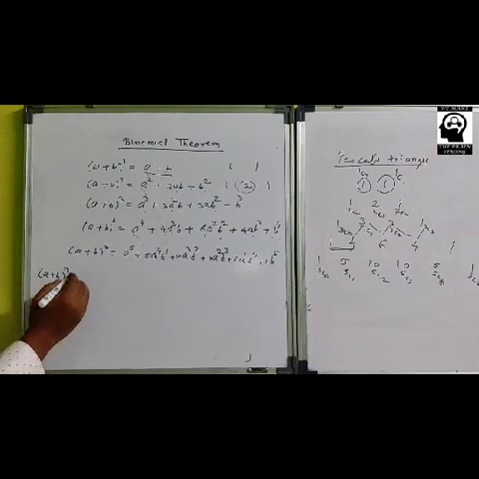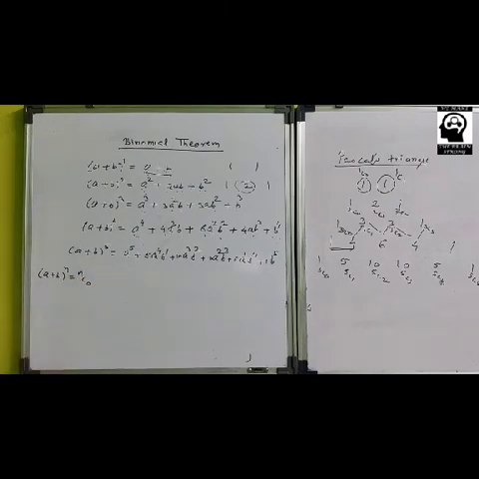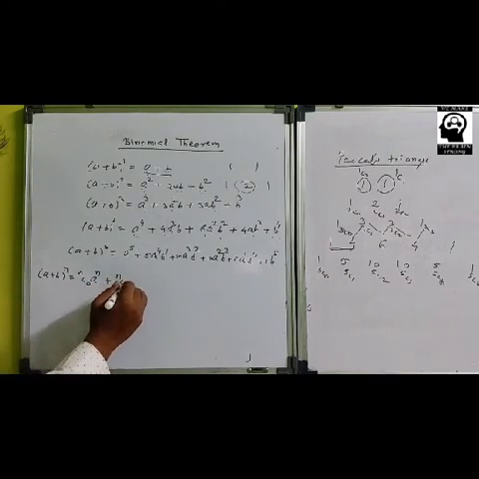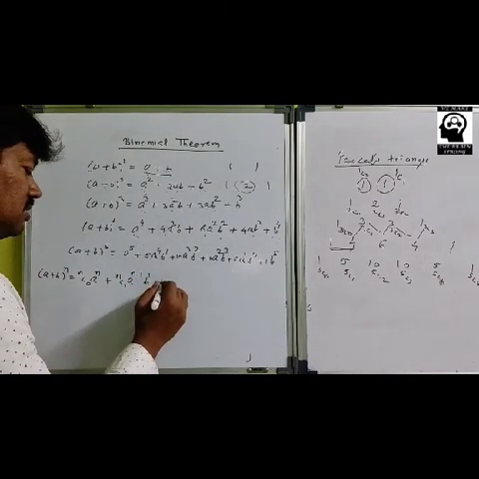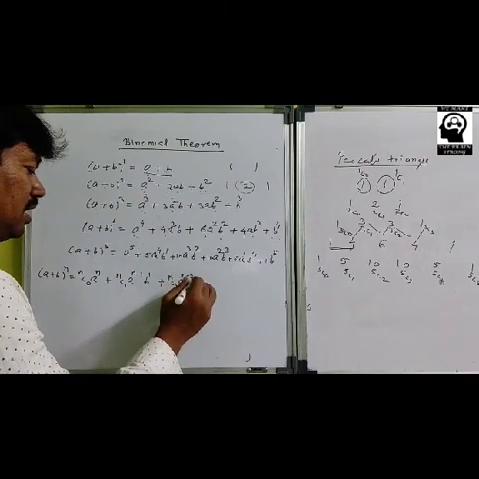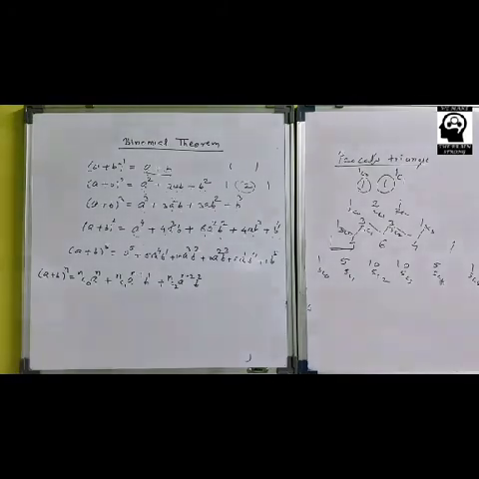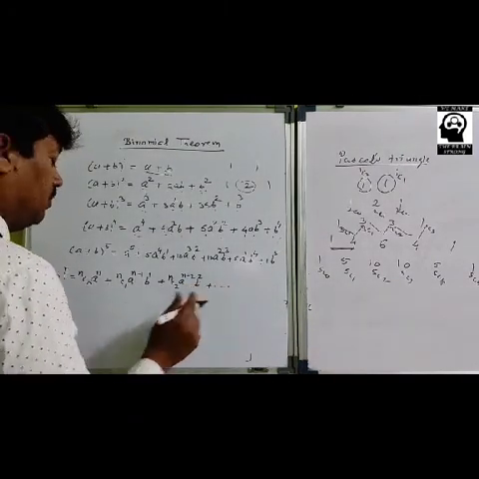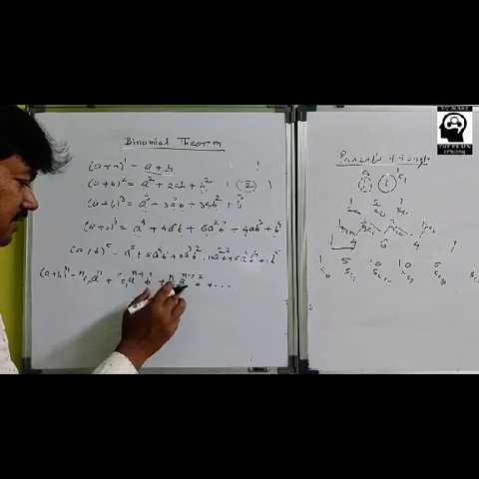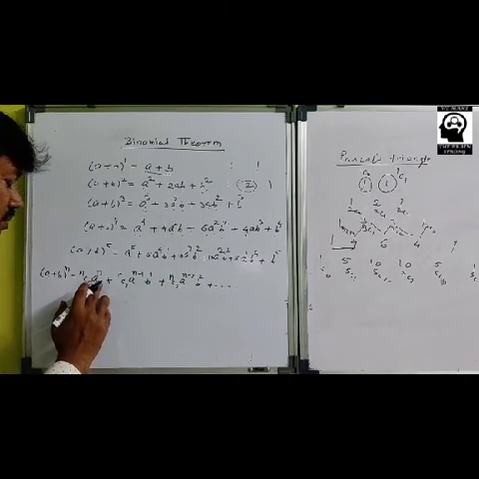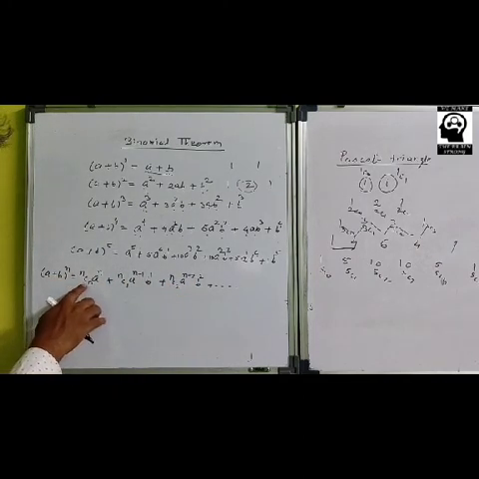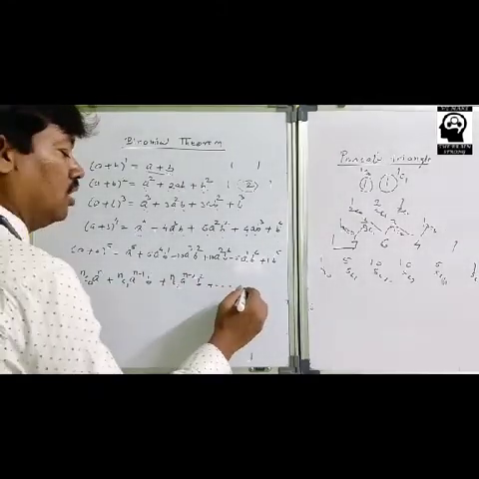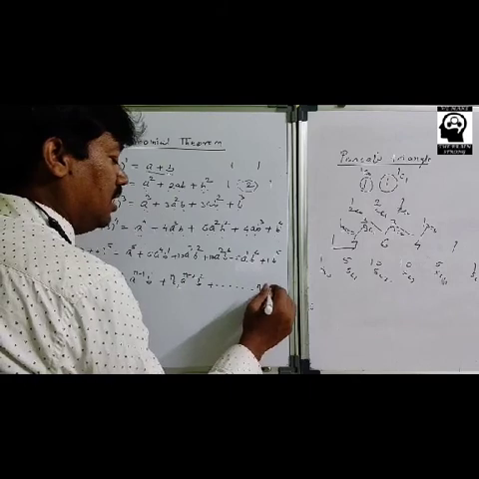So we can write this as nC0 a^n plus nC1 a^(n-1) b^1 plus nC2 a^(n-2) b^2, and similarly the power of a decreases while the power of b increases, and the coefficients are nC0, nC1 like this. The last term will be nCn b^n.